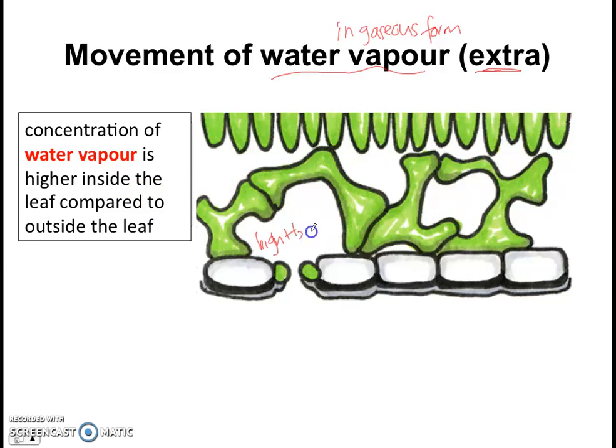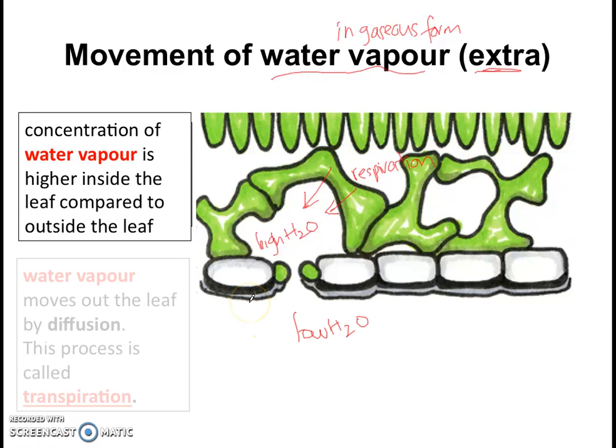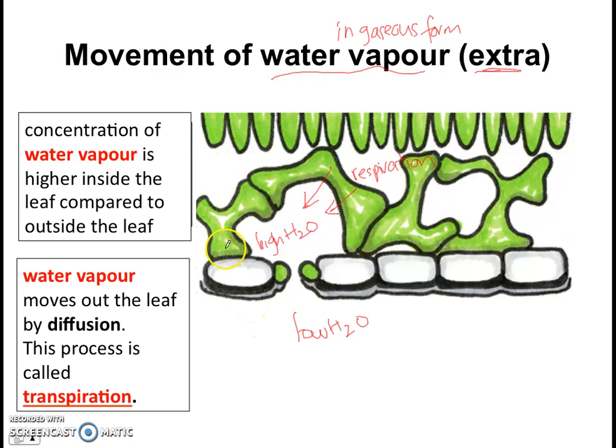And the reason for this is because the leaf cells are constantly producing water, right, due to a process called respiration, which you will learn about in your chemistry class. Right, and there's a high concentration of water vapor inside the leaf compared to outside the leaf. Again, relatively. So water vapor then moves out of the leaf by diffusion.